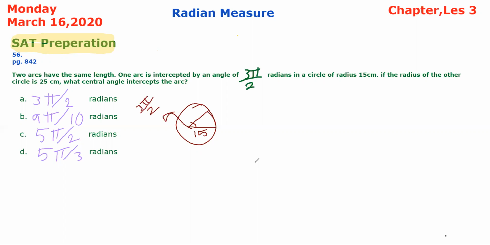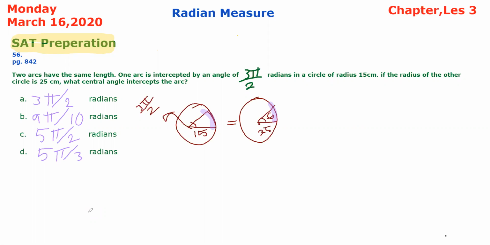Now this arc length is equal to another arc in another circle, but here its radius is 25 centimeters with an angle which is unknown. So this arc is the same length as this arc. Find the angle which is unknown.